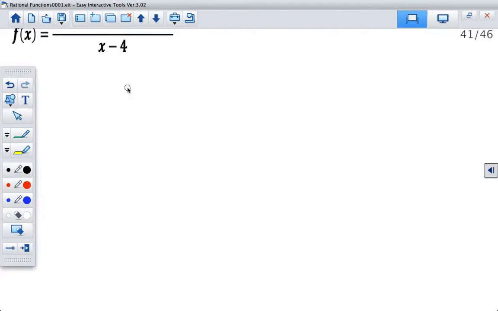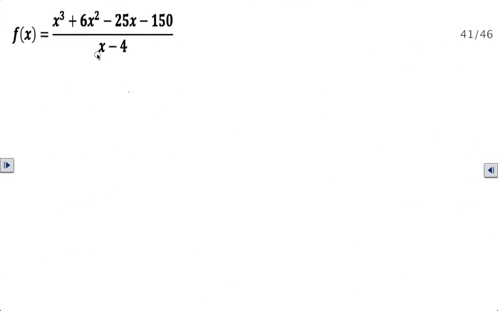Okay. In this case, because I have a very simple denominator here, I just have a coefficient of 1 here and an exponent of 1 here. So I can do synthetic division. To find the number that goes in your corner box, you have to set this equation equal to 0 and solve for x. When you do that, you get x equals positive 4.